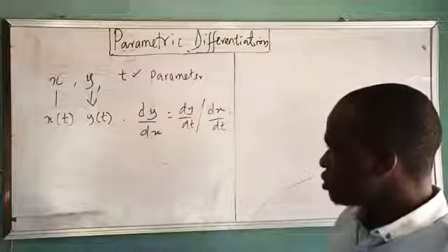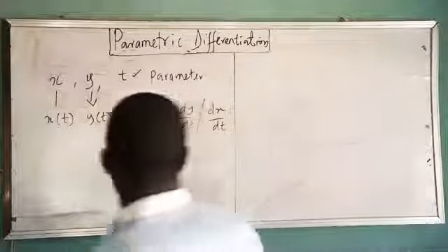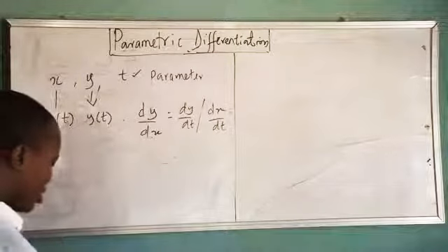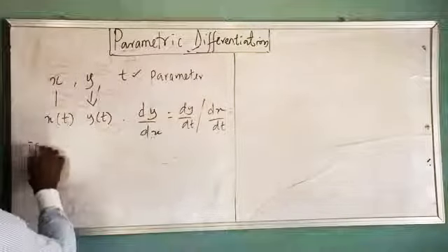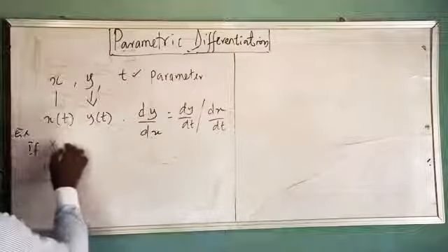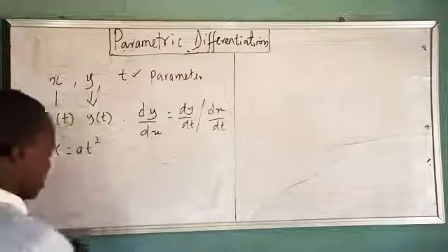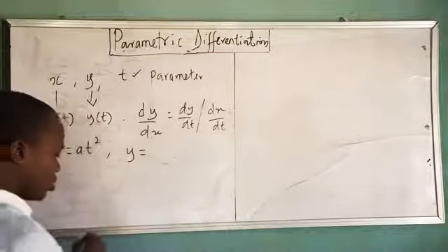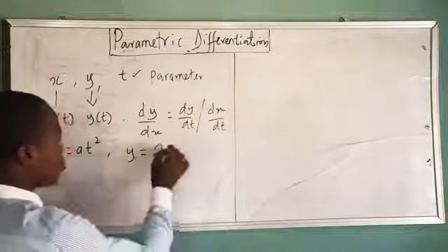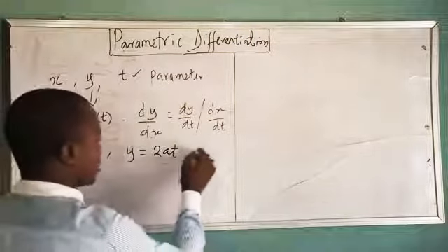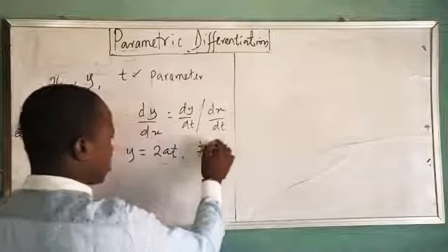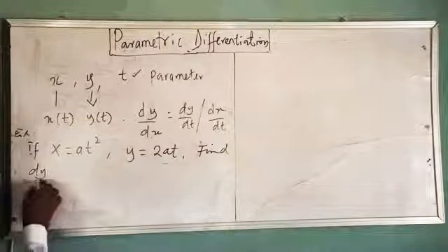So now, let's say we are given this particular question to solve. That is, if x equals at squared, y equals 2at, then find dy dx.